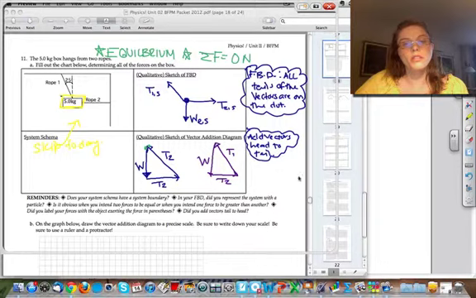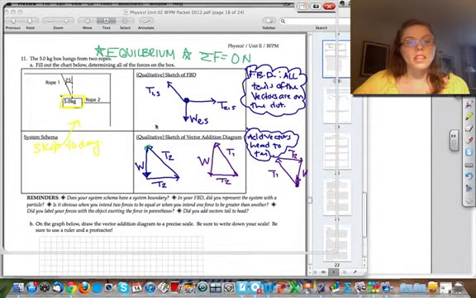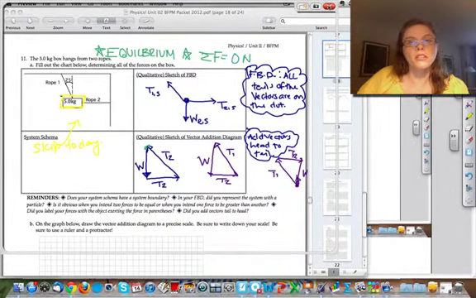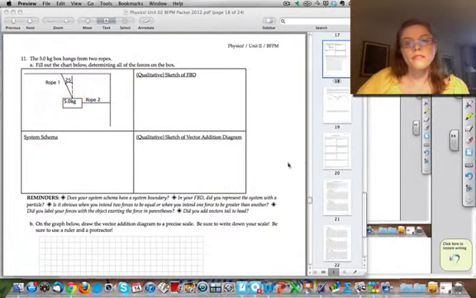Or we could do T1 plus T2 plus the weight. And as long as we get back to where we started, we're good. So it doesn't matter which way you decided to add them. What matters is that we added them. Okay, so let's put this in our number pile.